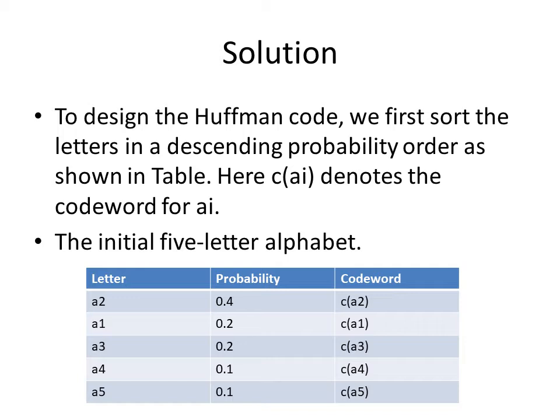You look at the sequence of appearance in numerical order, like 1, 2, 3, 4. See, A1 and A3 have the same probability, but I have written A1 first and A3 later. Why? Because A1 will always come first in numerical order, then A3 comes after. Same goes with A4 and A5.